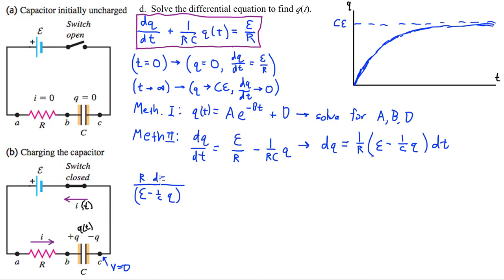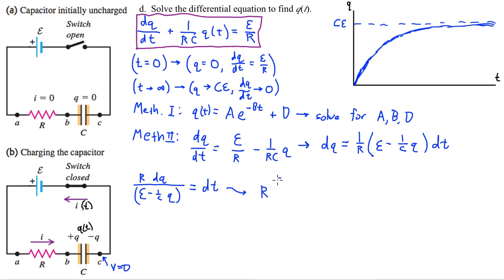There we go. So this is going to be dq over this, and then that is going to equal dt. And so then all I'm doing is I'm just going to integrate now. I'll tell you what, I'm going to make my integral out here.